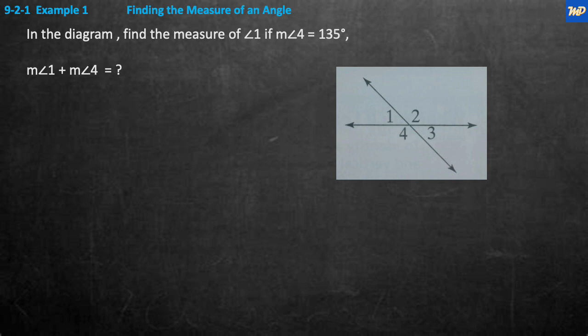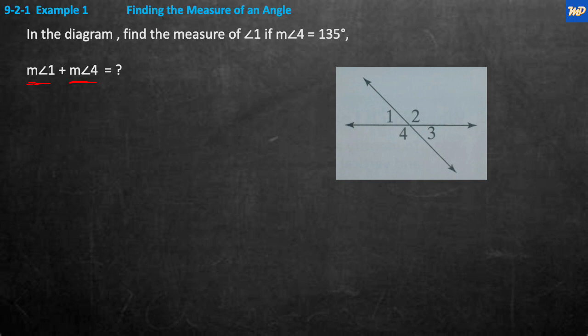Example 1, find the measure of an angle. In the diagram, find the measure of angle 1 if the measure of angle 4 is 135 degrees. Well, based on that, we're going to add and look for the measure of angle 1 right here. The measure of angle 1 plus the measure of angle 4 has to be equal to what?